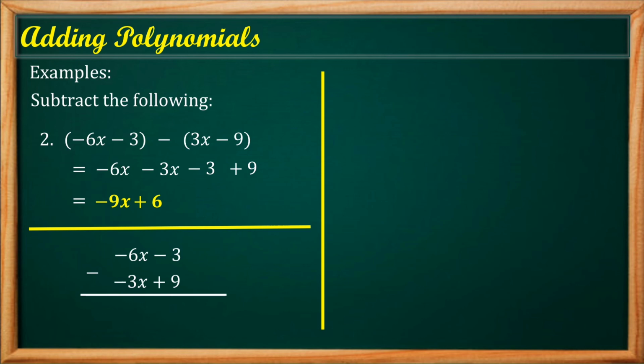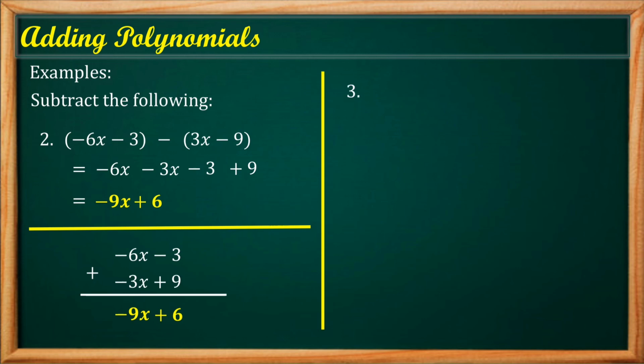Then after that, apply the addition rule. Now the subtraction becomes addition. Then negative 3 plus 9 is positive 6. Then negative 6x plus negative 3x becomes negative 9x. Okay, that is for subtraction of polynomials.